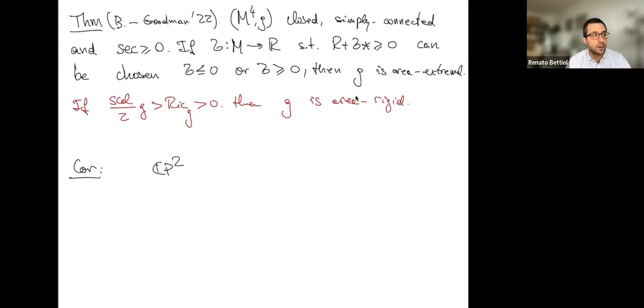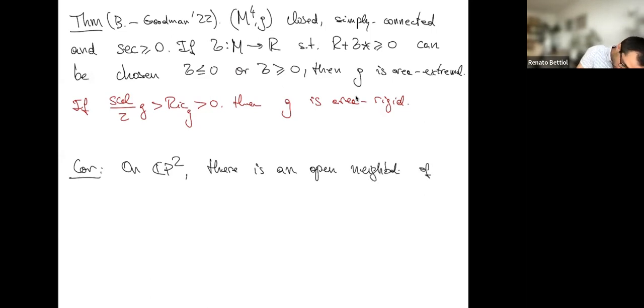The Goette-Semmelmann work tells you that in a neighborhood of Fubini-Study, scalar metrics in that neighborhood are also area-rigid. What we can do is take a neighborhood in the space of all Riemannian metrics, not necessarily scalar, and still obtain area-rigid metrics there. So the statement is that on CP2, there is an open neighborhood of the Fubini-Study metric in the space of all Riemannian metrics, consisting of area rigid metrics.